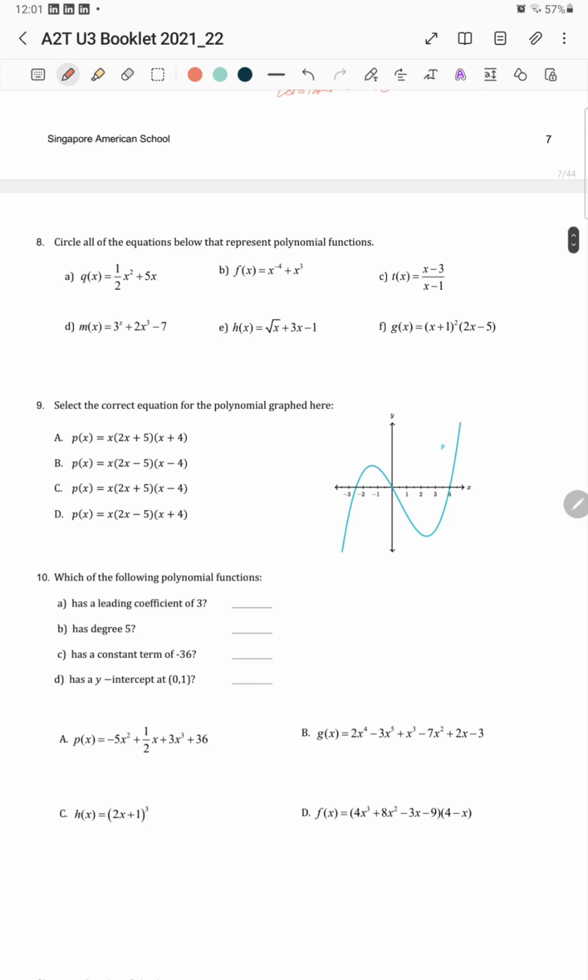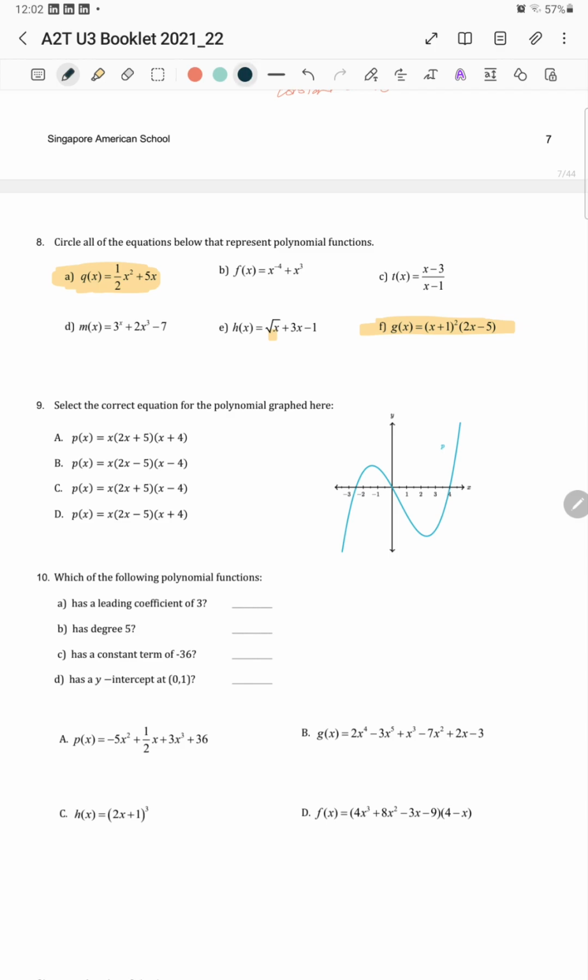Circle all the equations below that represent polynomial functions. So we know polynomial functions do not have square roots in the index. This is not, because of -4. This is not a polynomial function because no polynomial should be in the denominator, because no exponent like 1/2 should be there. So this is again a polynomial function.